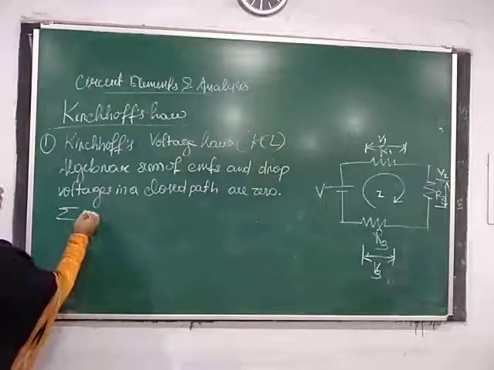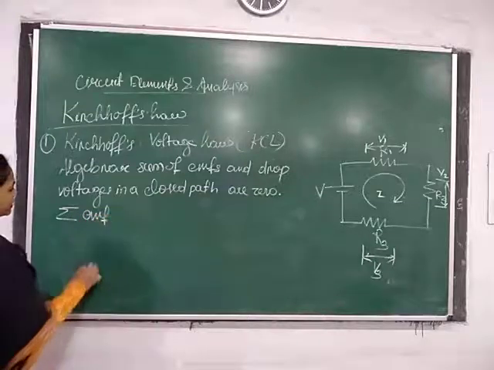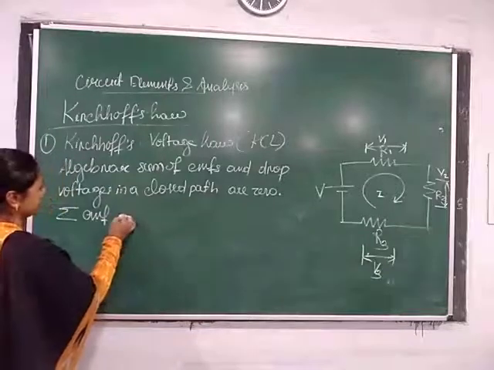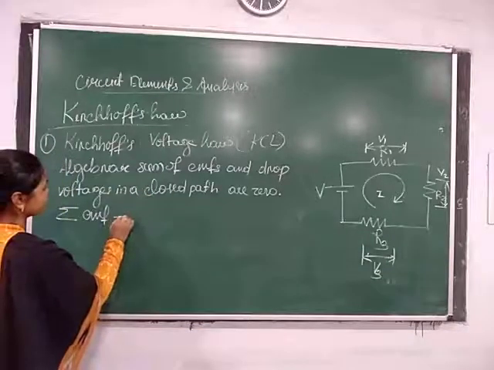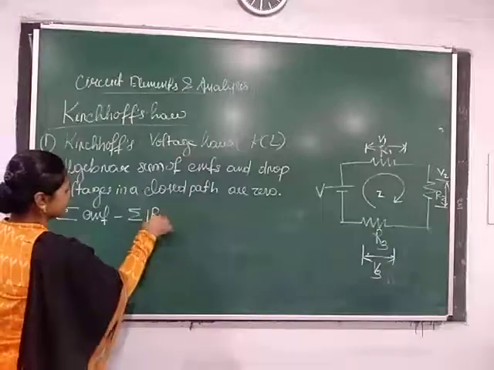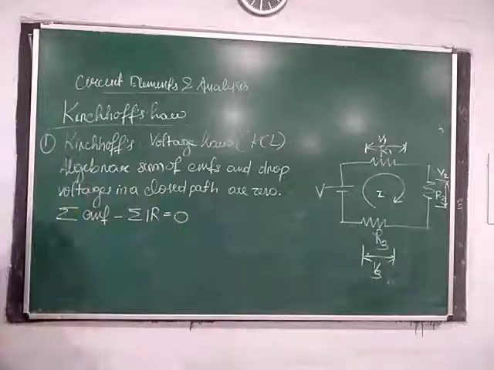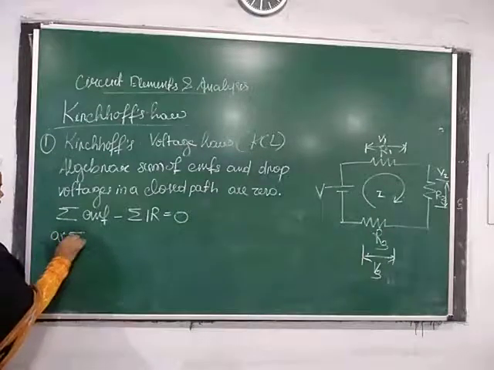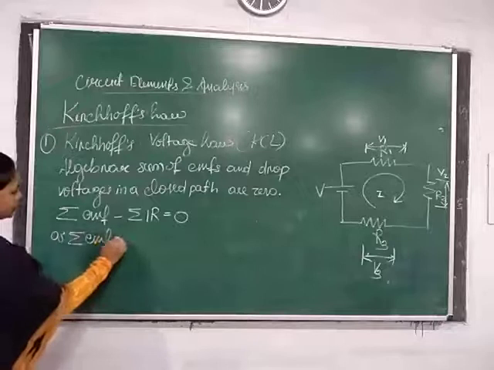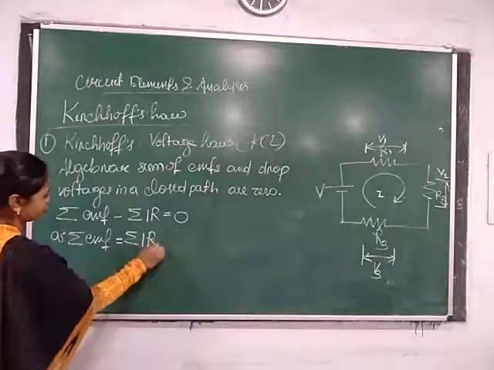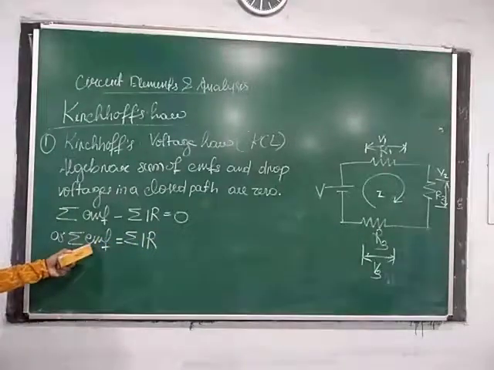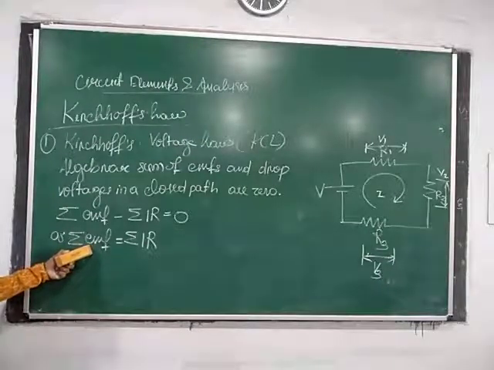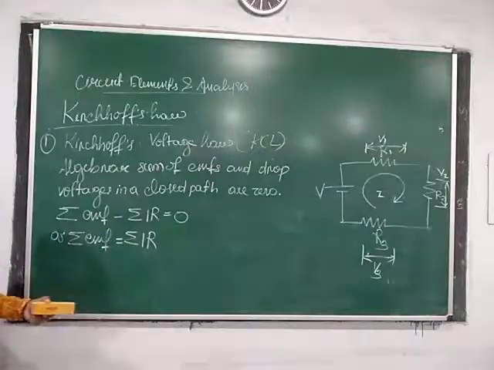You take the polarity of EMF as plus and drop as negative. Clear? Or EMF is equal to sum of drops. From this equation you get the second definition: sum of EMFs is equal to sum of voltage drops.